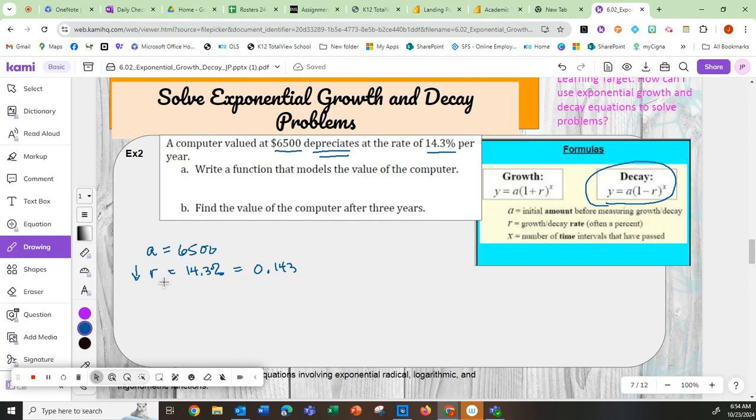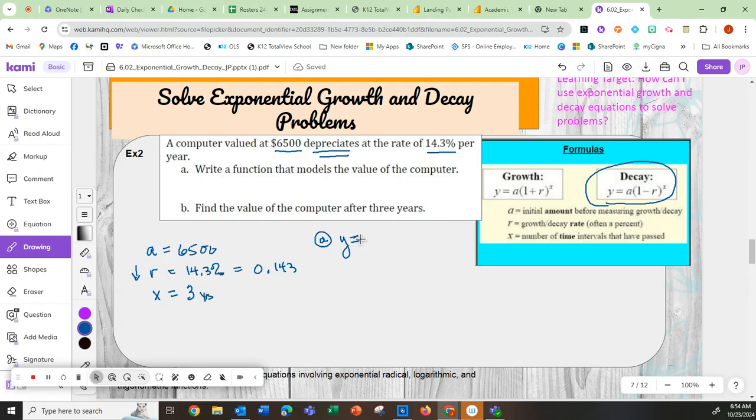And then A says, write an equation that models the value of the computer. And then B says, find the value of the computer after 3 years. So this is broken down into, so X is 3 years. So the A part, we're just going to write the equation, which means we're not going to put the 3 years in. Yeah, we're going to do that in the B part.